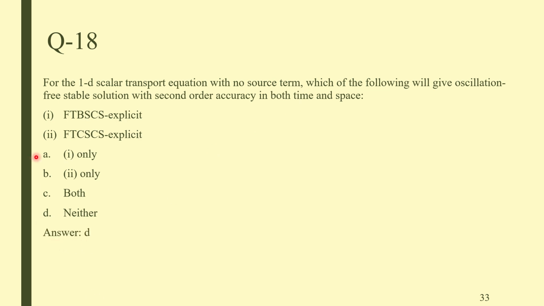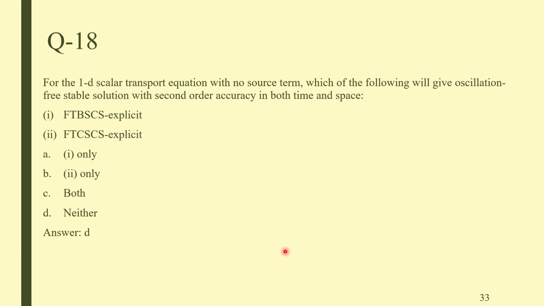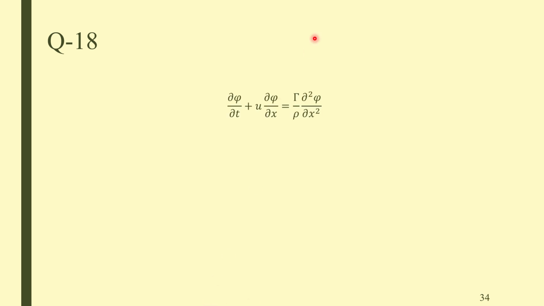We'll just see how to write the equation and how to write the expansion. So the second one-dimensional equation, the general scalar transport equation, one-dimensional scalar transport equation, is given by this. So we are having advective term, we are having diffusive term, and forward time, central space and central space is given by this.